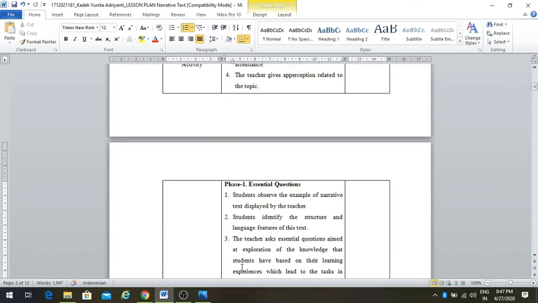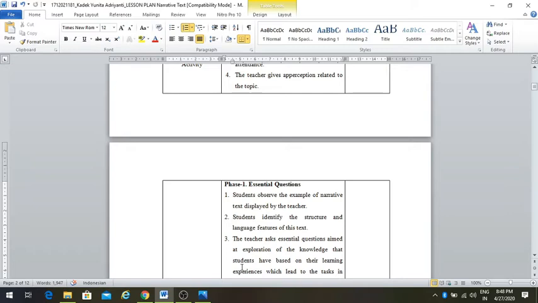After the teacher shows an example of narrative text, the teacher and students identify the structure and language features of narrative text based on the example given. It is done by asking the students about the main character of the story, the events of the story, etc. The teacher can also ask about the characteristics they found in the example given, for example, the language use of the story.